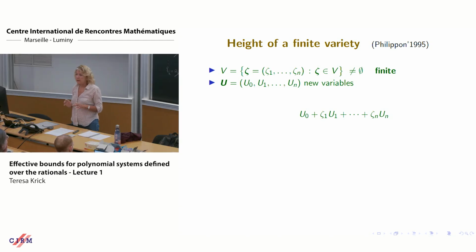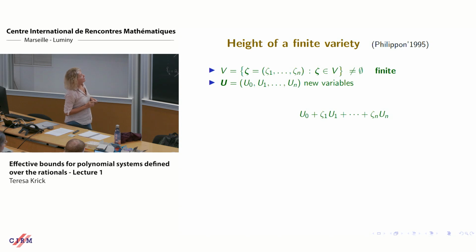The notion of height of a variety that I will use here was introduced by Patrice Philippon from Paris in '95. This is the third of a series of papers by him. This is not the most sophisticated notion of height, but it is very useful, and it is very close to the other, more sophisticated notions of height that exist.